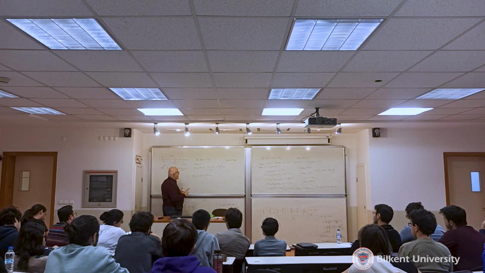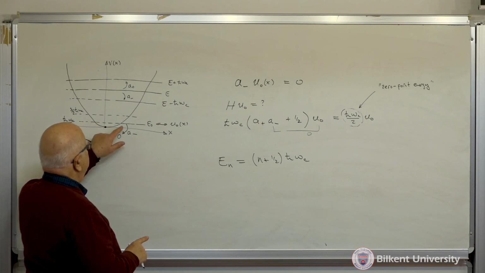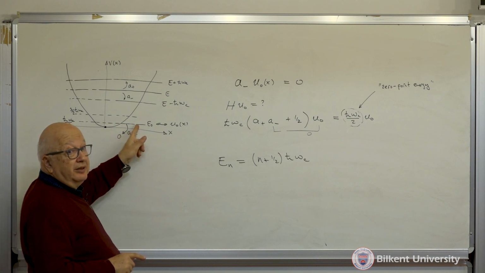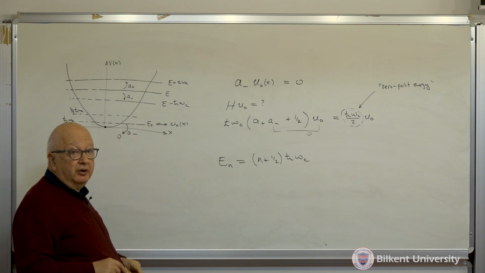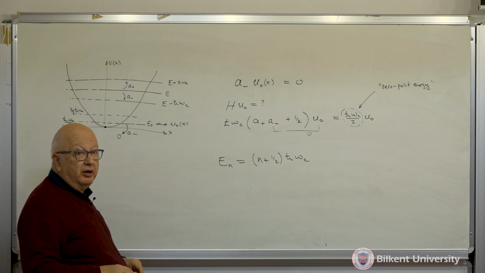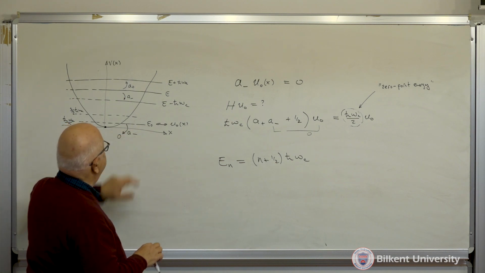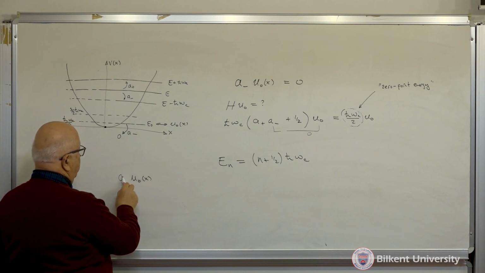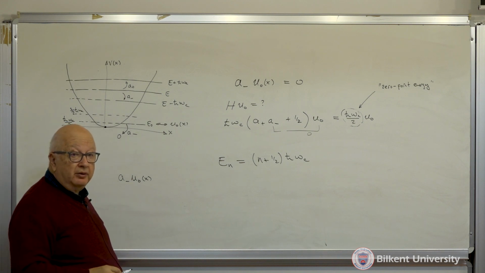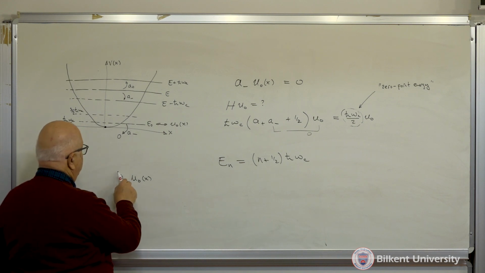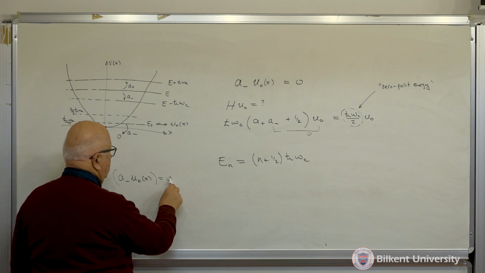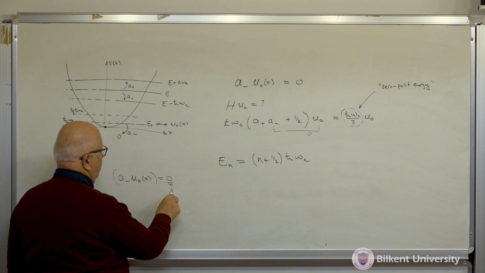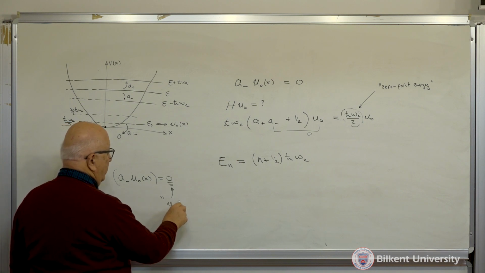Well, okay. The last point here, when you operate on this with A minus, you don't really get a state with zero energy. You don't get a state, okay? So what happens here is when you have this U0 of x and you operate on it with an A minus, you actually get 0, which means that this object here is, if you like, U minus 1.